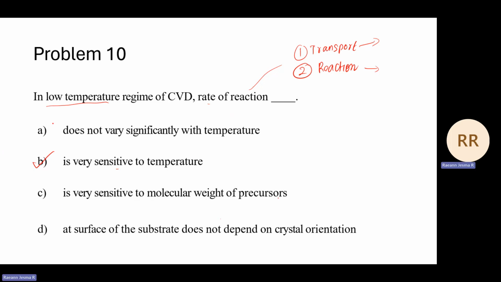So, option A is wrong. Then option C is also wrong because since the temperature is low, that temperature becomes a limiting factor. Then option D: at the surface of the substrate, it does not depend on crystal orientation.